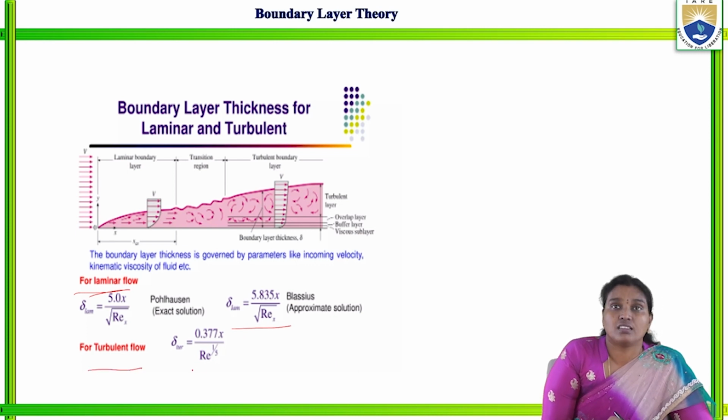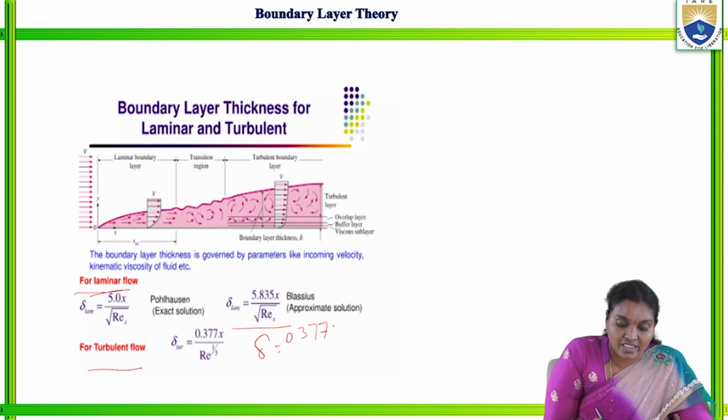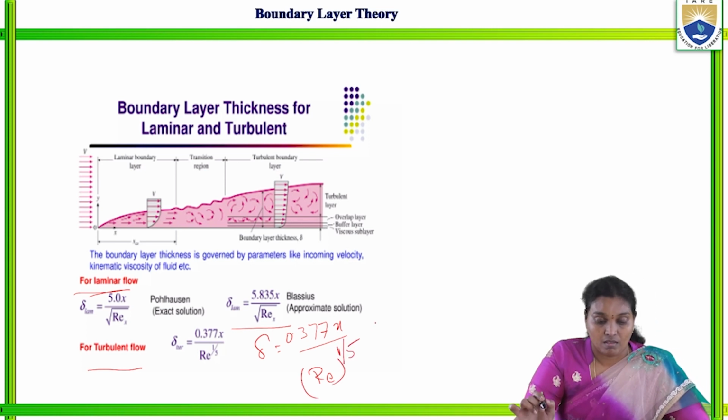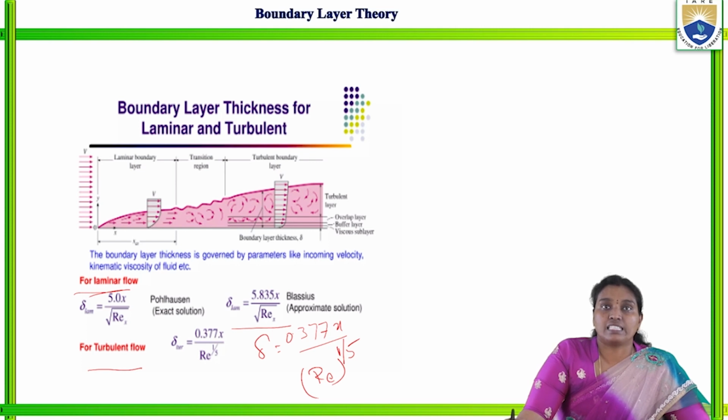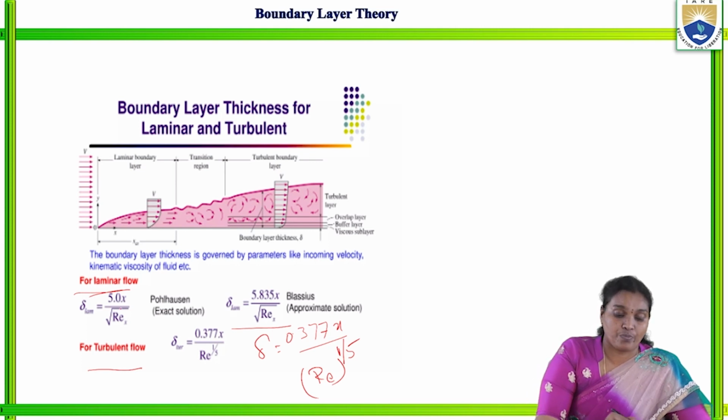For turbulent, the formula for boundary layer thickness is 0.377 x by Reynolds number to the power of 1 by 5.